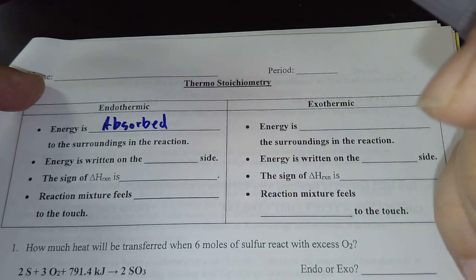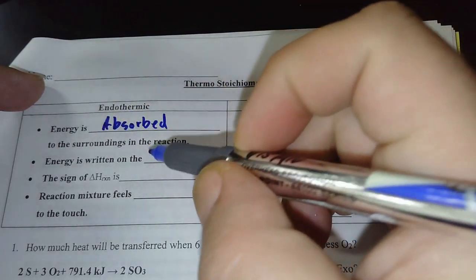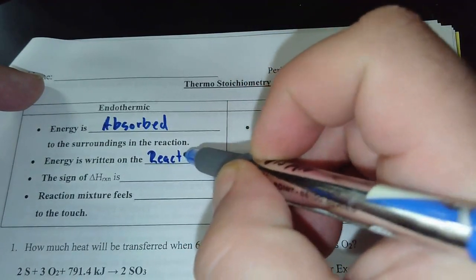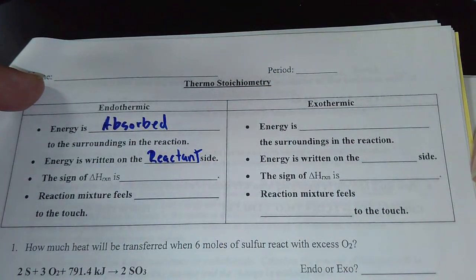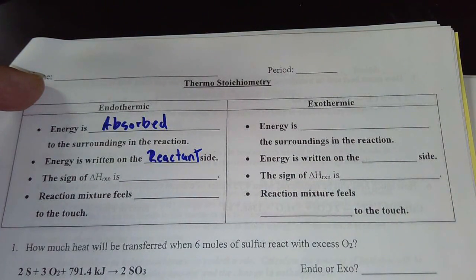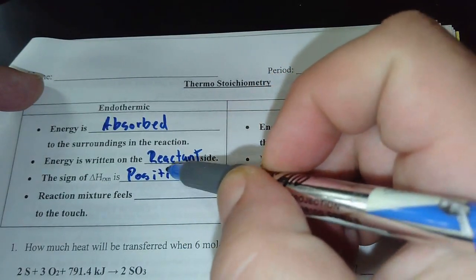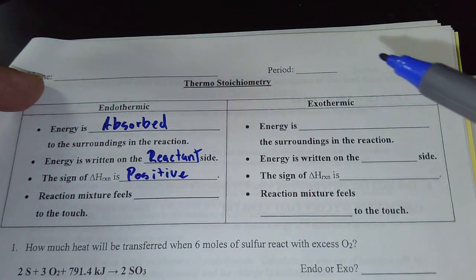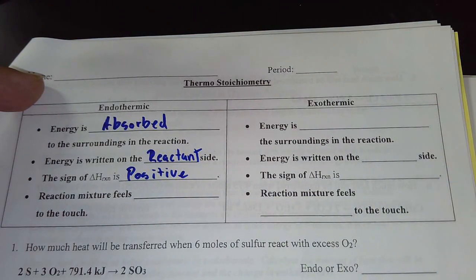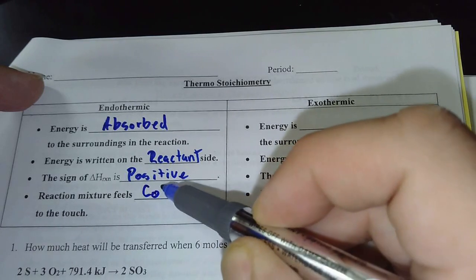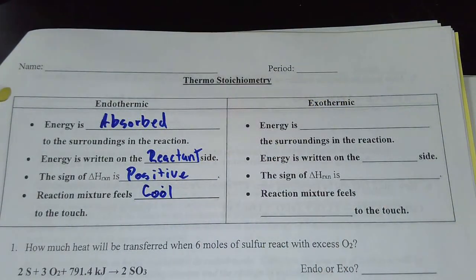If it's required, then that means that it is going to be on the reactant side. The sign of the delta H of the reaction for an endothermic reaction is positive. When you're holding an endothermic reaction in your hand, it will feel cool to the touch.